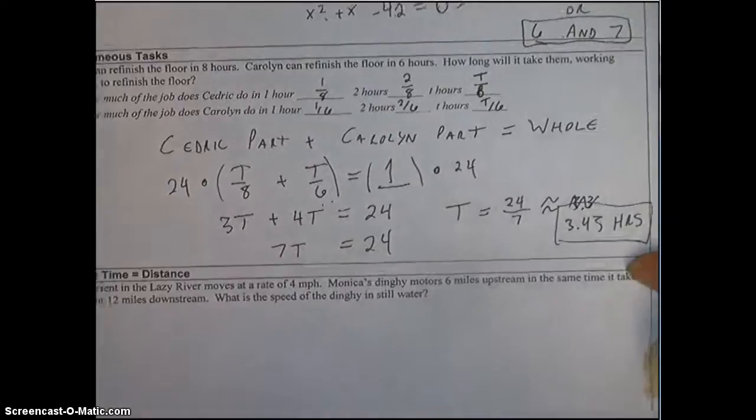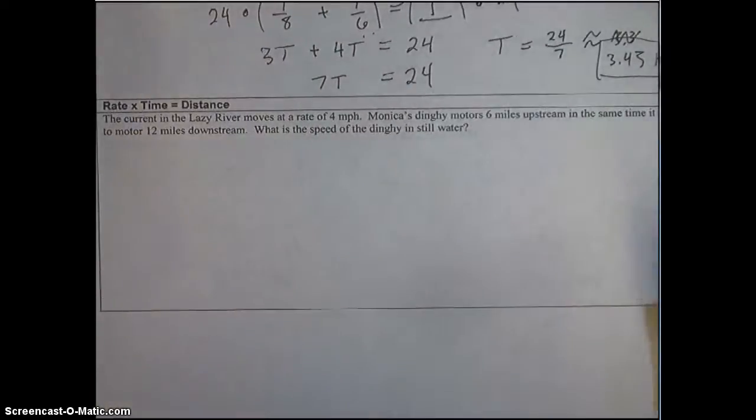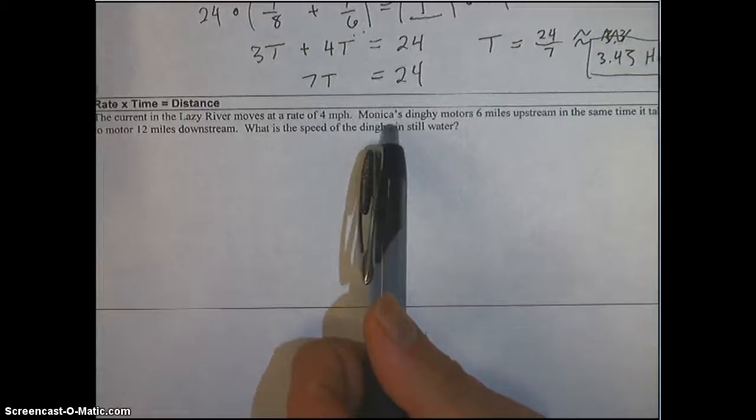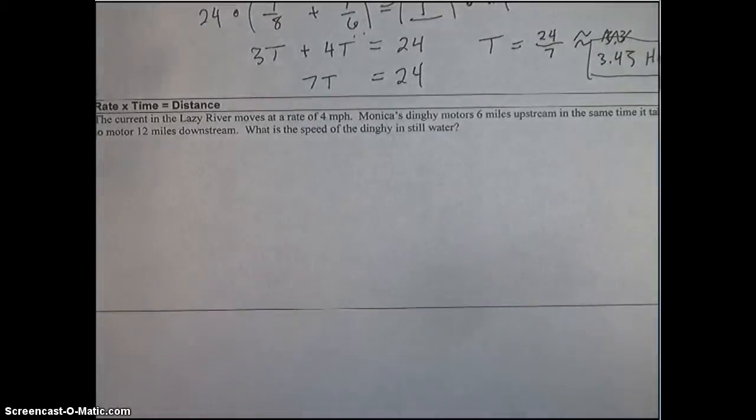And the last kind of problem that we did, and it's probably the most challenging, is this one. Rate times time equals distance. The current in the lazy river moves at a rate of 4 miles per hour. Monica's dinghy motors 6 miles upstream in the same time it takes to motor 12 miles downstream. What is the speed of the dinghy in still water?